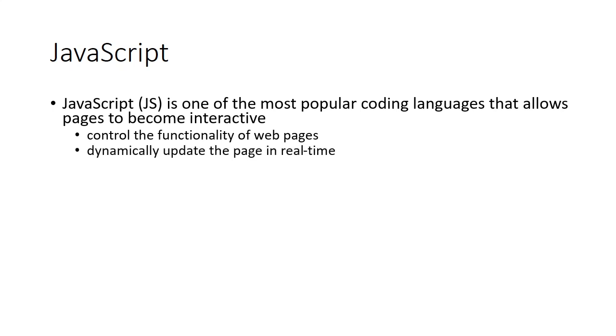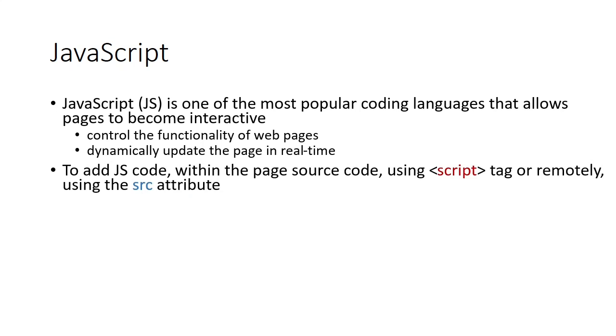JavaScript, or JS, can dynamically update the page in real time, giving functionality to change the style of a button when a particular event on the page occurs, such as when a user clicks a button, or to display moving animations.